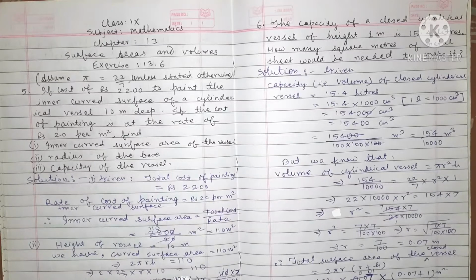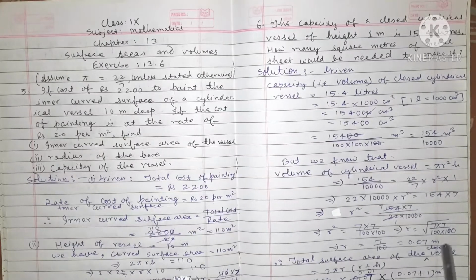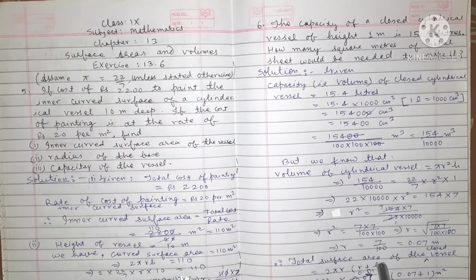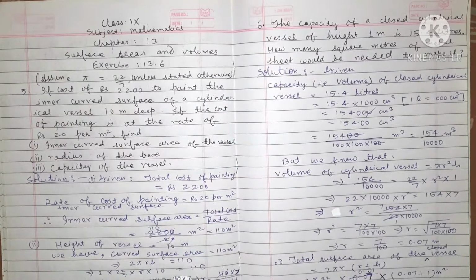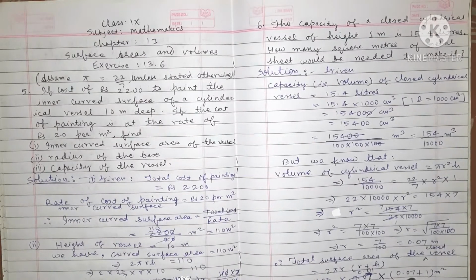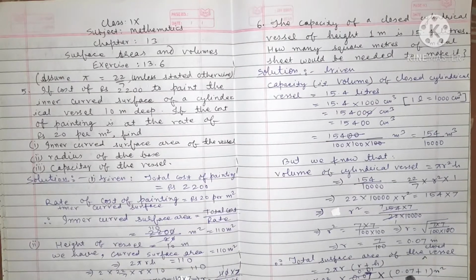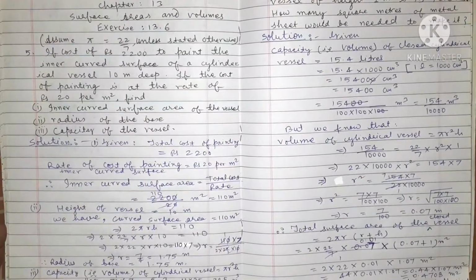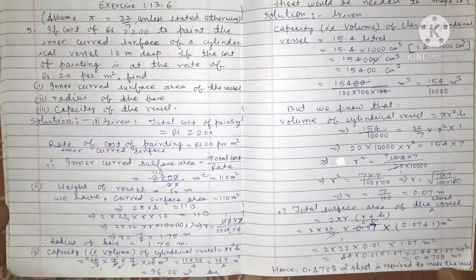So total surface area of the closed vessel equals 2 pi r into r plus h, with r plus h in bracket. This equals 2 into 22 by 7 into r, which is 0.07, and in bracket we write r, which is 0.07, plus 1 meter square.